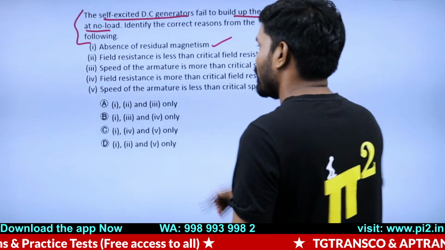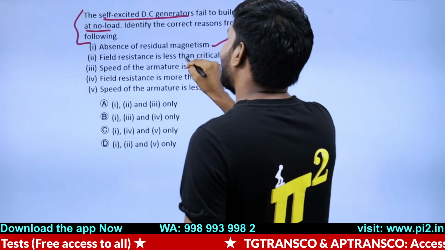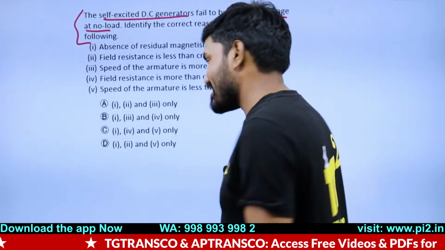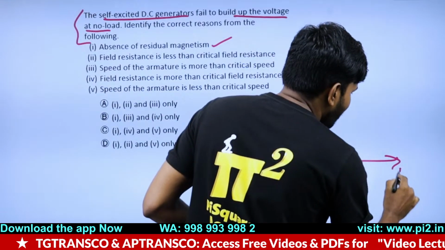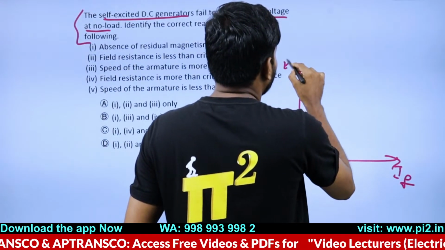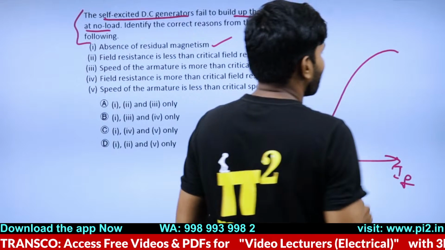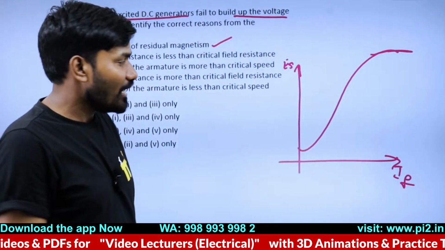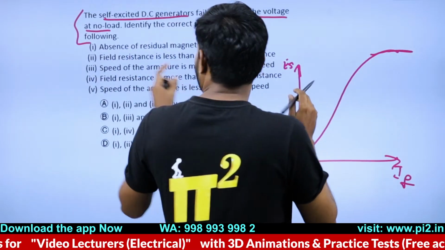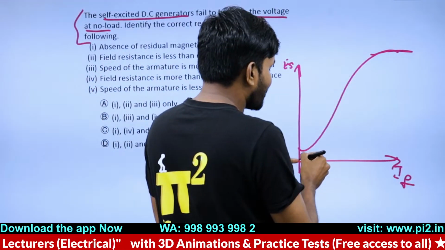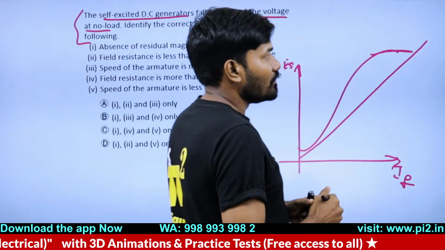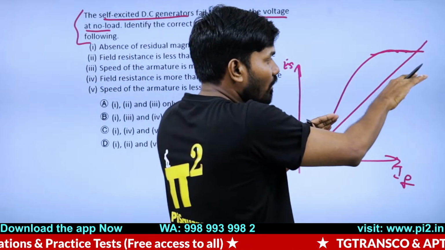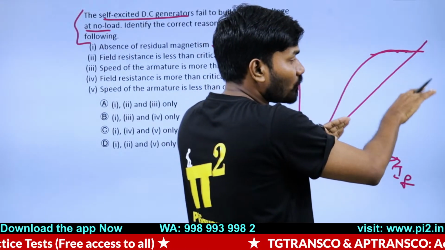Yes. Next, field resistance is less than critical resistance. Look at this curve. You have to imagine this curve, IF and EG. This is the self-excitation process. This is the voltage building curve or magnetization curve. If we draw the field resistance line somewhere over here, then voltage buildup is possible. Field resistance being less means the slope is brought down.